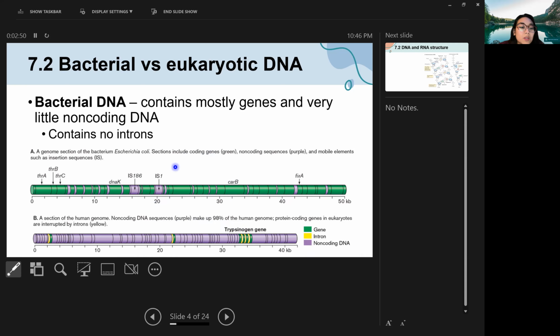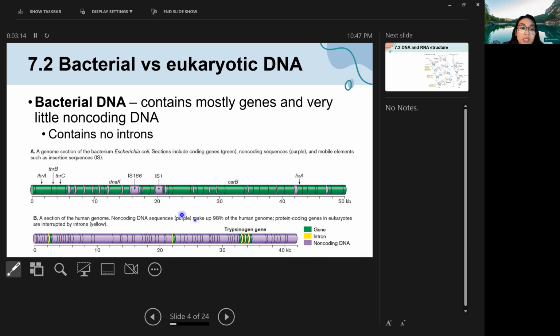Again, that makes sense because bacteria are trying to be very efficient, and it's a waste of time having so much non-coding DNA. It doesn't make sense for a bacteria to be holding on to that stuff. So bacteria are very efficient at making sure that their DNA is, quote unquote, clean, meaning that it's just the essential genes that they need and it doesn't have any junk DNA essentially.